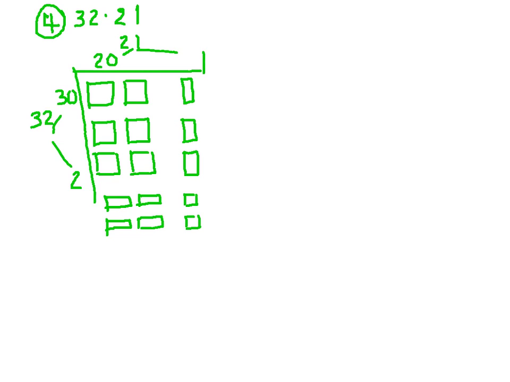Let's record our solution. Problem is 32 groups of 21. 32 decomposes into 30 plus 2, and 21 decomposes into 20 plus 1. So in this very first array, this one, I have 30 rows of 20.